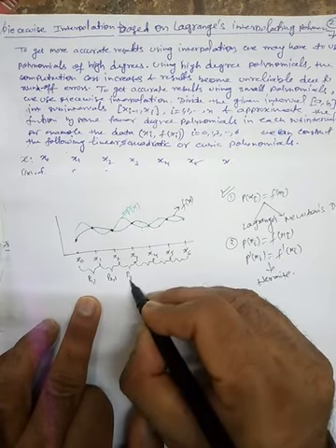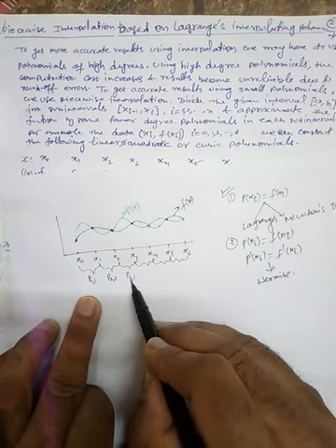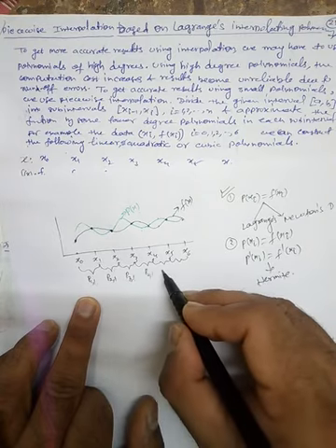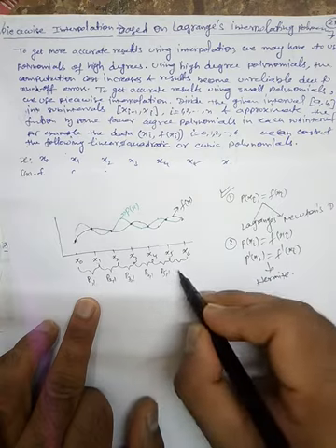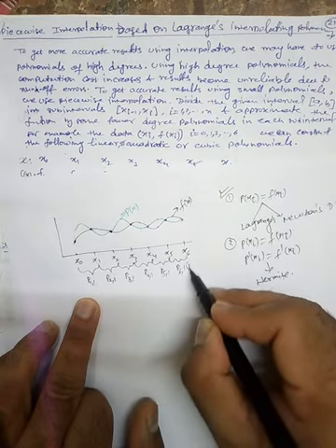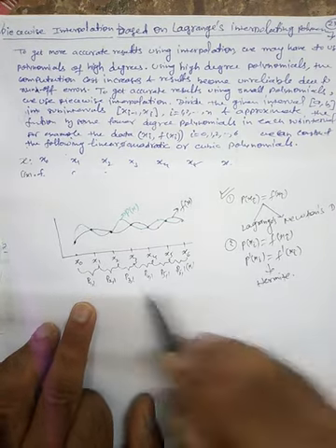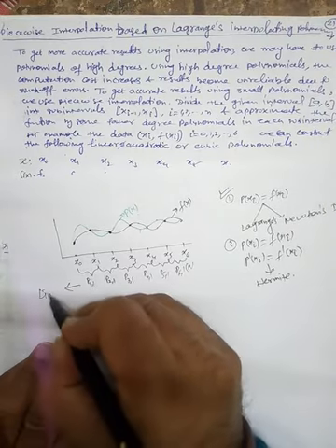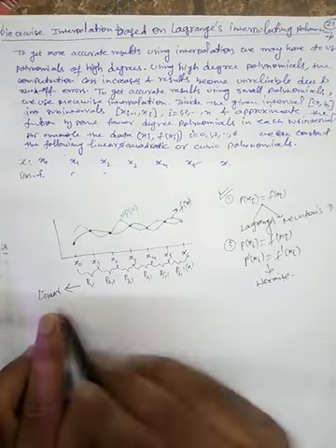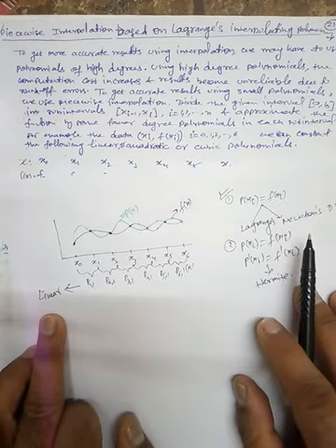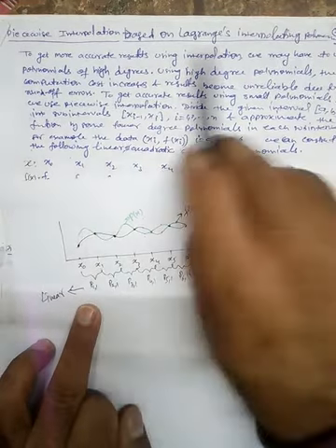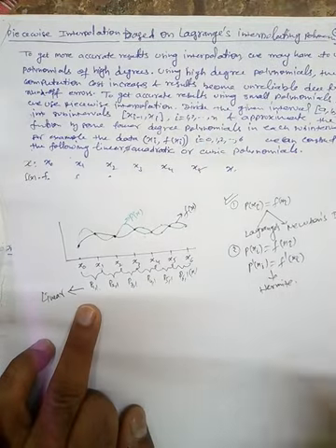This can be written as P31, third polynomial degree 1, fourth polynomial with degree 1, fifth polynomial with degree 1 and sixth polynomial with degree 1. This is the piecewise linear interpolation.